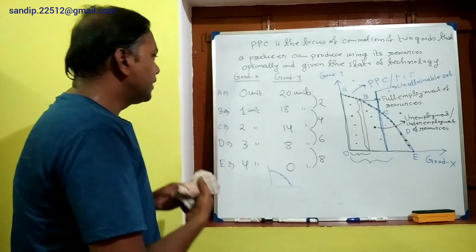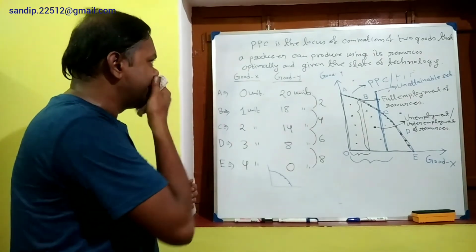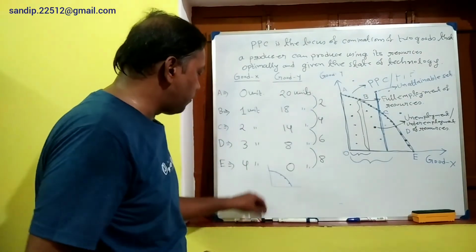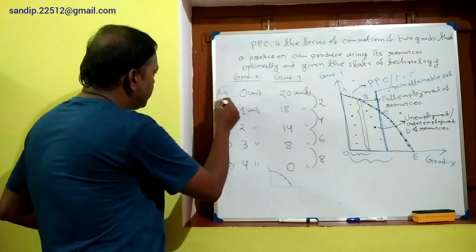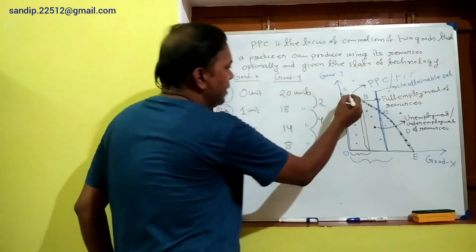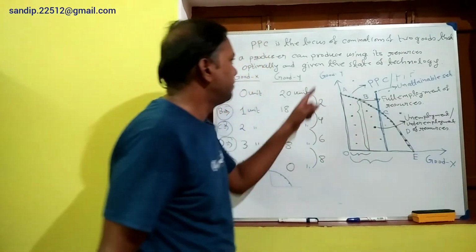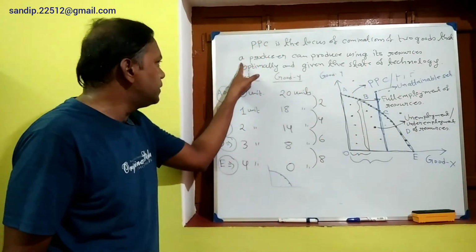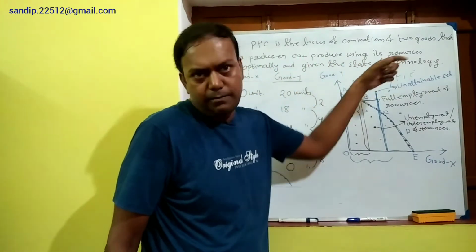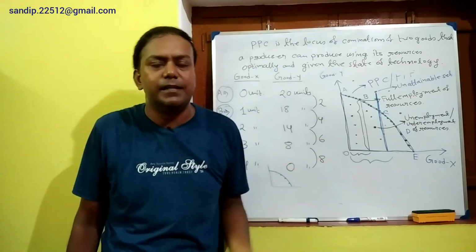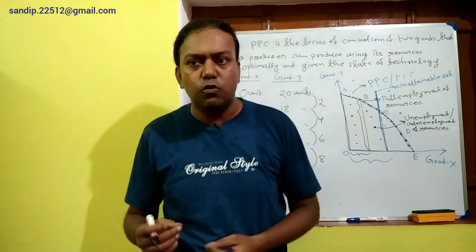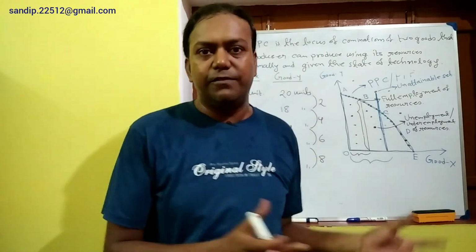So PPC is the locus, this curve, of combinations of two goods. These are called combinations. This is one combination, this is another. Here I have taken 5 combinations. So it is the combinations of two goods that a producer can produce using its resources, and resources here could be anything: money, natural resources, number of workers or whatever.